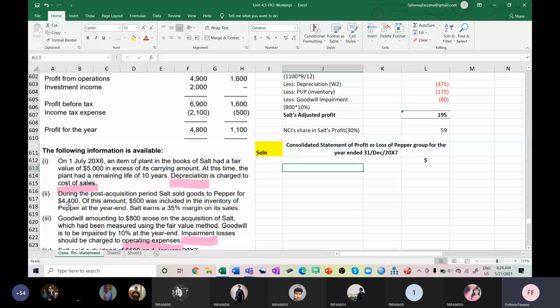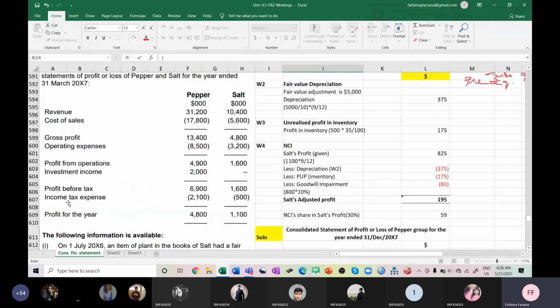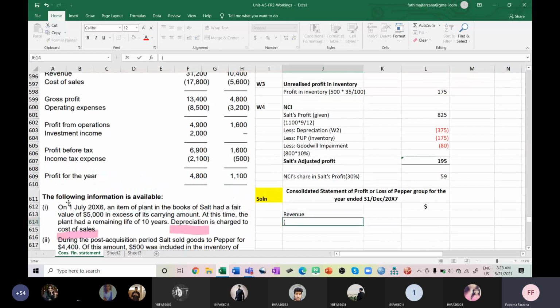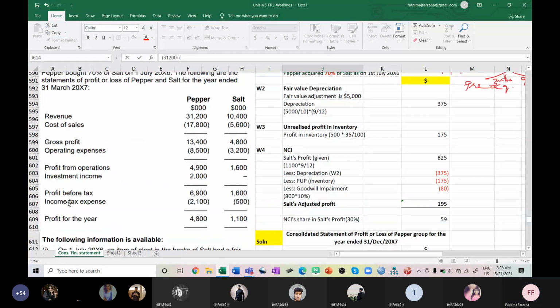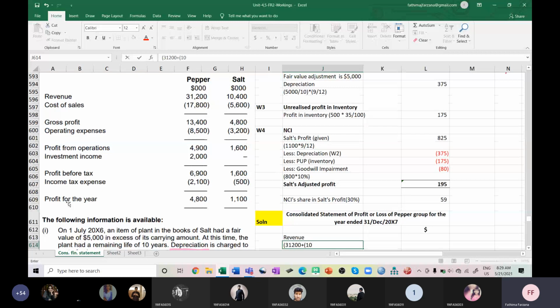Right. So let me write it. In revenue, I'll show both the values. That is 31,200. The 10,400 entirely does not belong to the parent, right? Only that 9 by 12 will be taken. Parent and NCI, that combination happened only for 9 months, right?